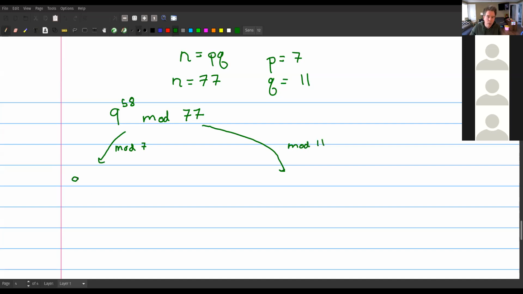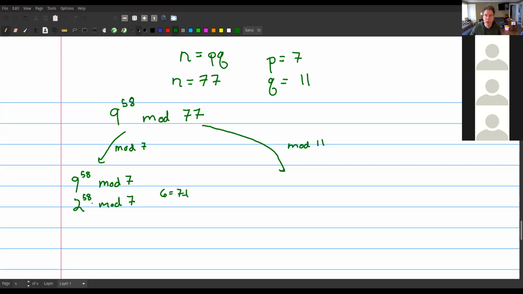So what is 9 to the 58th power mod 7? This is a much easier problem. For one thing, what is 9 mod 7? 2. So it becomes 2 to the 58th, which is already much easier. But more is true, because I just care about what 58 is mod 6, because 6 is equal to 7 minus 1.